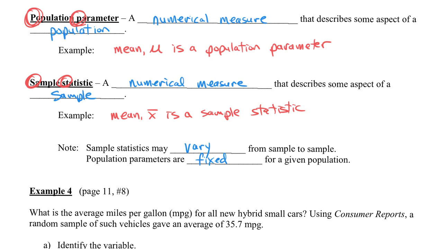If we took a sample mean of 200 students, then took another sample of 200 other students, we shouldn't be shocked if they vary, right? We wouldn't expect them to all be the same. Each time we take a sample of size 200 and calculate the mean of the sample, we could get different numbers every time. So sample statistics may vary from sample to sample, but population parameters are fixed for a given population.